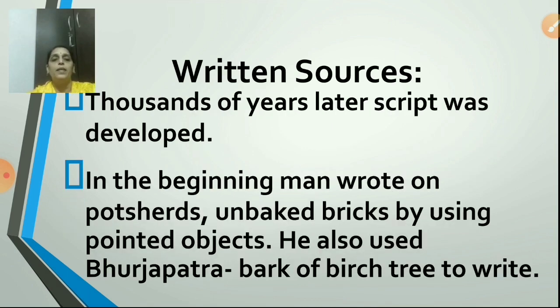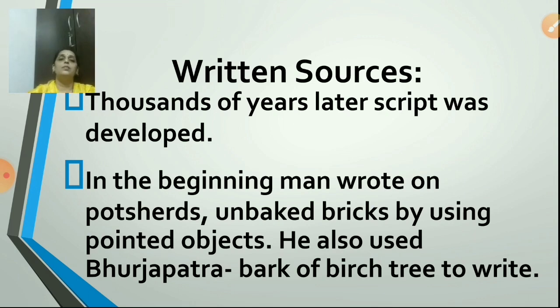Now next. Thousands of years later, script was developed. In the beginning, man wrote on potsherds and unbaked bricks by using pointed objects. He also used bhujapatra, bark of birch tree, to write.